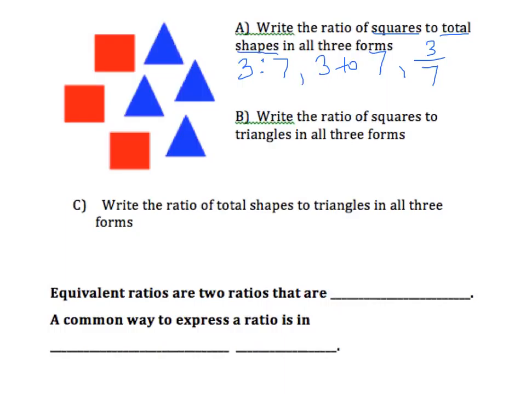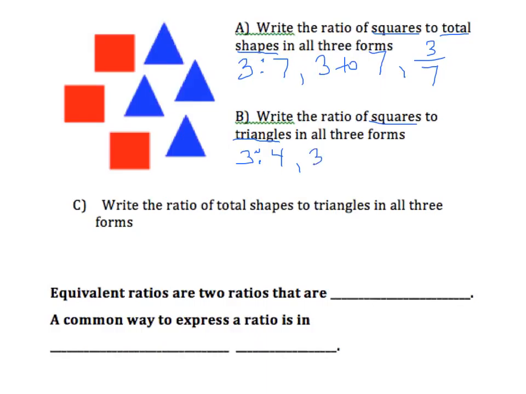All right, let's look at letter B. Write the ratio of squares to triangles in all three forms. Again, I'm underlining the word squares and triangles to make sure I count the right thing. So how many squares do I have? I have 3 squares. How many triangles are there? 4 triangles. So the ratio is 3:4. And that's with a colon. That's one way.